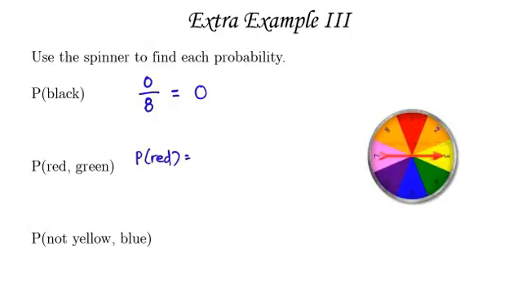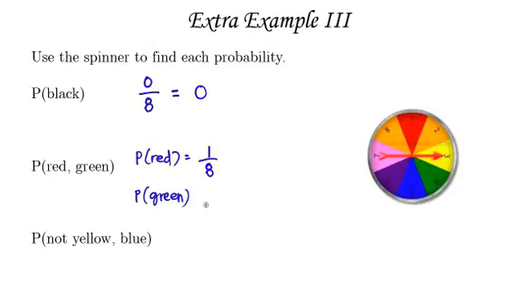How many sections of red do I have? I only have 1, right? So 1 over total number of sections, 8. What about probability of green? Now this would be considered an independent event, right? Because if I spin the first time, I land on red, that's not going to affect what my second spin is going to land on, right?